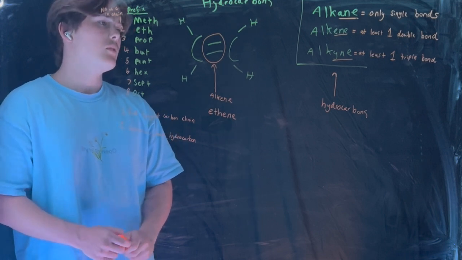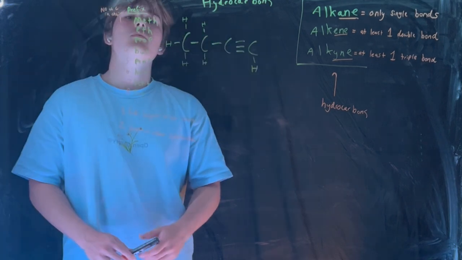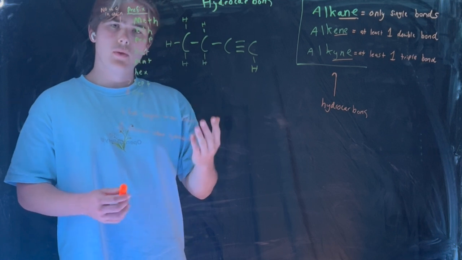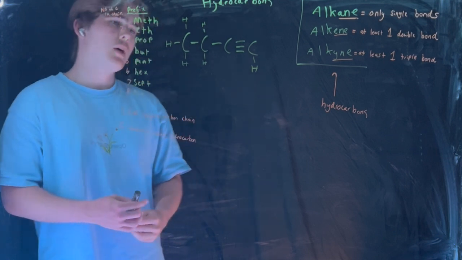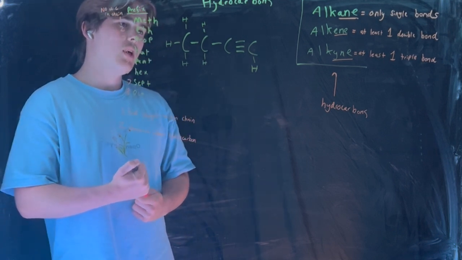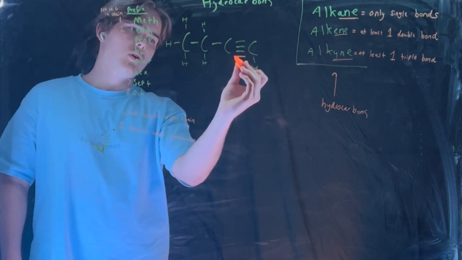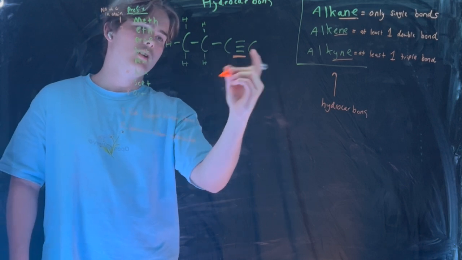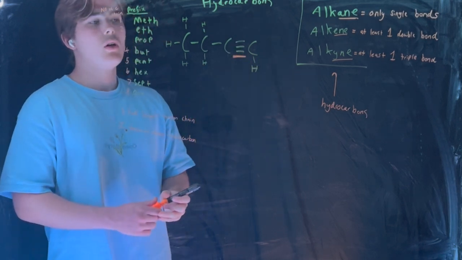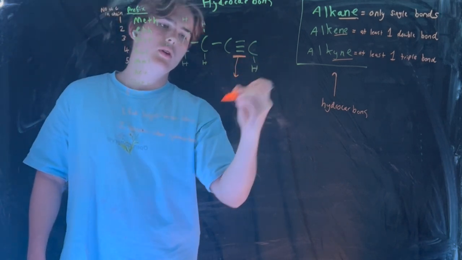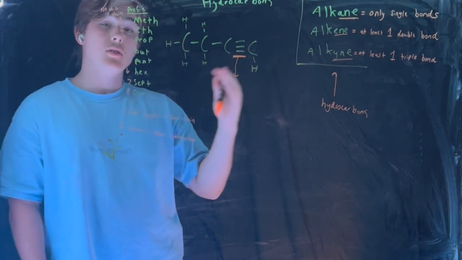Now let's go through alkynes. Let's have a look at this molecule here now. It looks a little bit funky because we have 4 carbons here and we also have the presence of this bond here. Notice that we have a triple bond here. Because we have that triple bond, that changes the type of hydrocarbon we're dealing with.